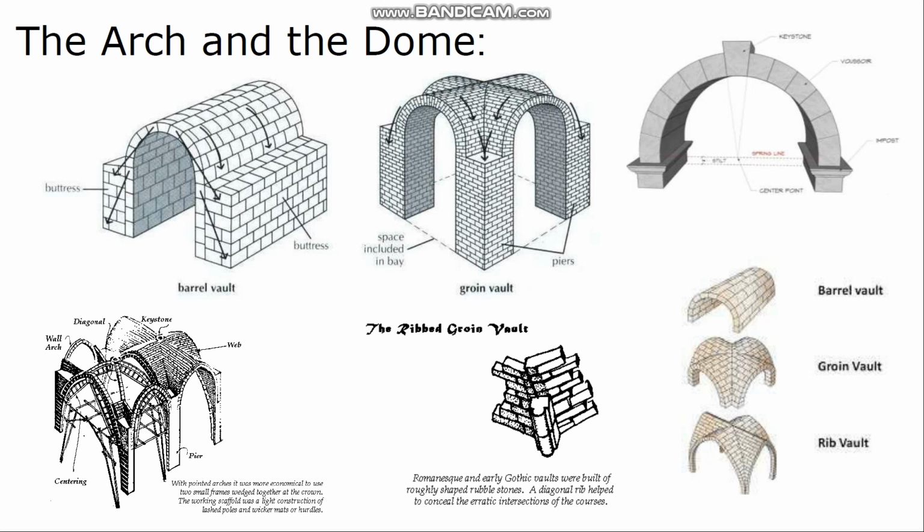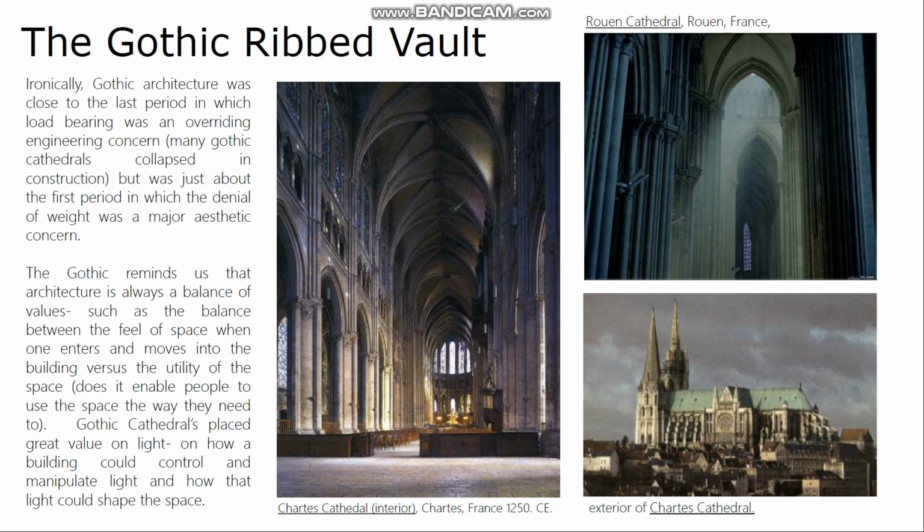And then as we move into Gothic architecture, there are two main things: the ribbing of the vault, where the actual archways get extra support, and then also the use of pointed archways. Both of those contribute to a Gothic space.